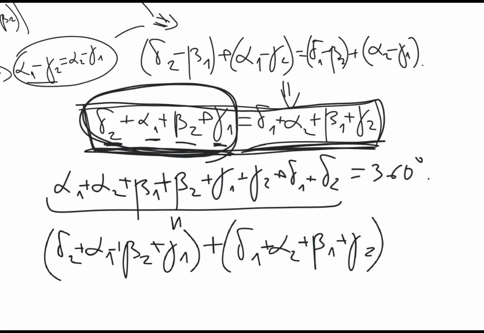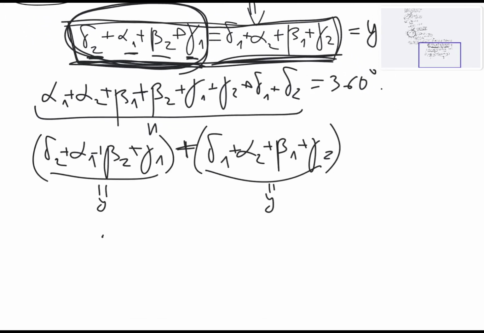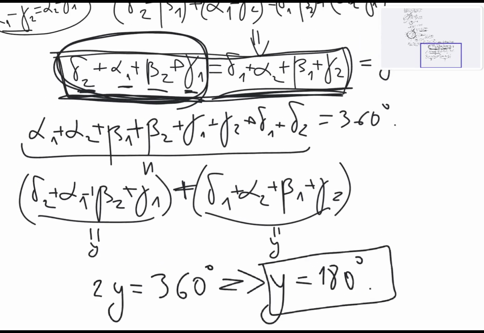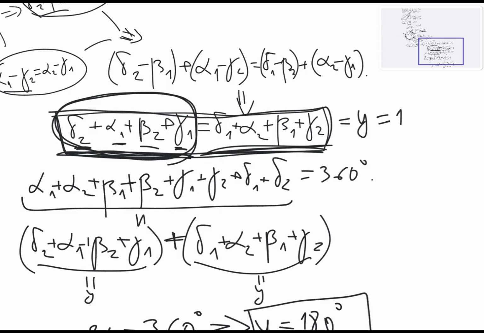If you denote it by, let's say, y, then this would be y and this would be y, right? And the sum of this is 360. So 2y is equal to 360. Therefore y is equal to 180, right? So this is equal to 180.